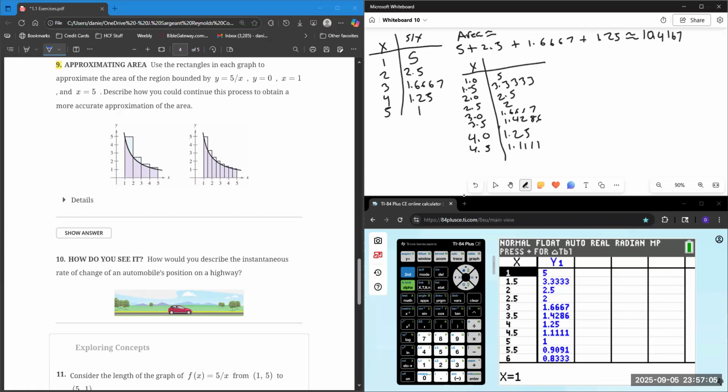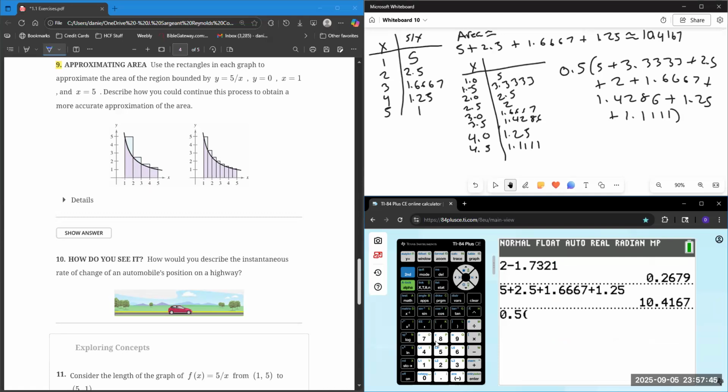Okay, so widths will be 0.5 for everything, times my y values of 5 plus 3.3333 plus 2.5 plus 2 plus 1.6667 plus 1.4286 plus 1.25 plus 1.1111. So let's go ahead and do that on my home screen.